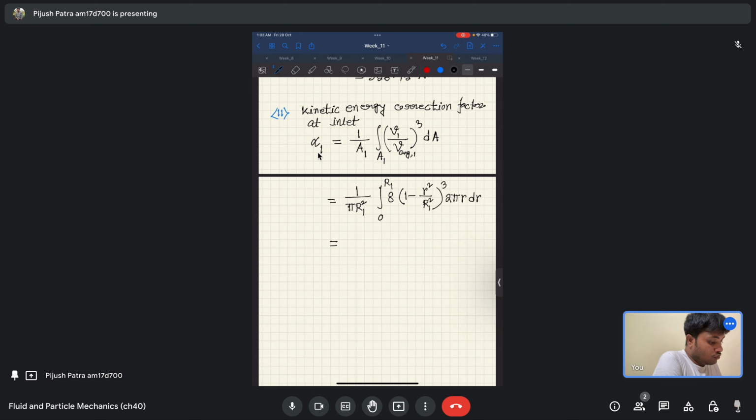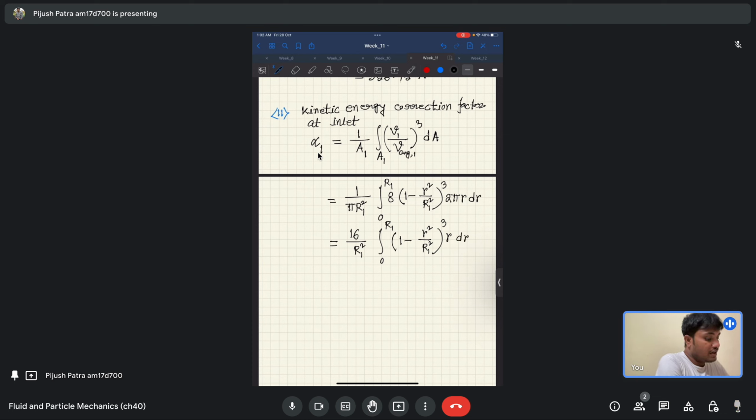Pi 2, so it is 16 by r1 square into integration 0 to r1, 1 minus small r square divided by capital R1 square, the cube, into r dr.